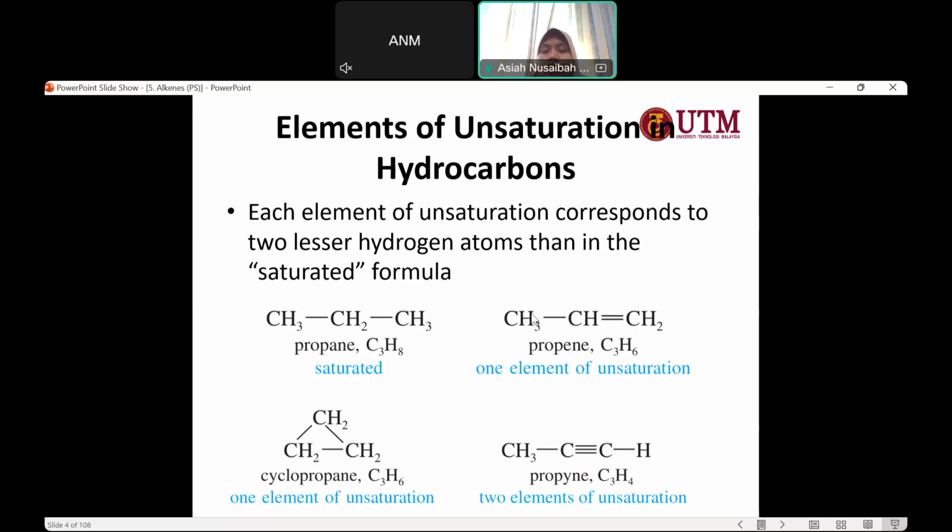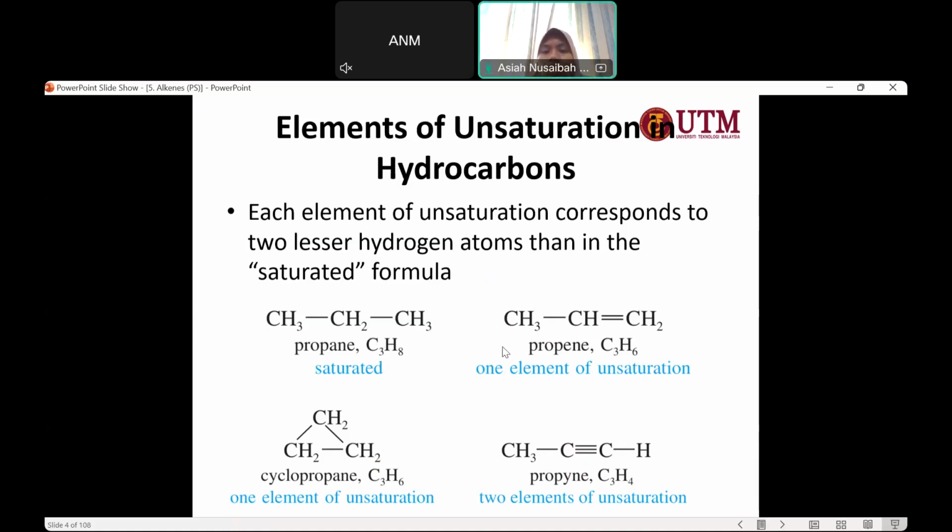And then 3H, 1H, 2H. Now we have H6. So saturated propane, we have C3H8. Unsaturated propene, we have C3H6. So with one element of unsaturation, we have 2 fewer H as compared to the saturated compound, which is propane lah.